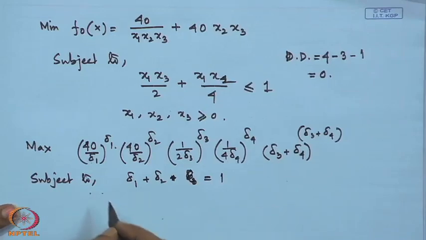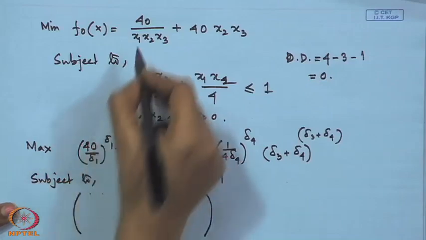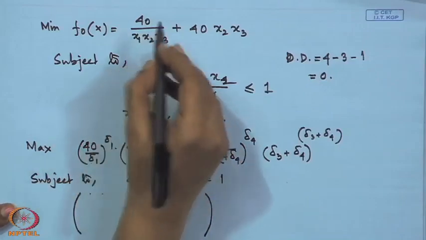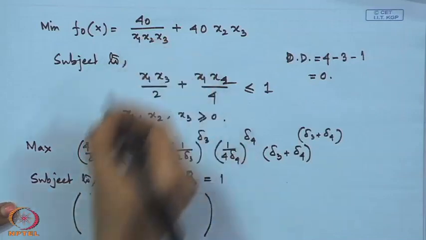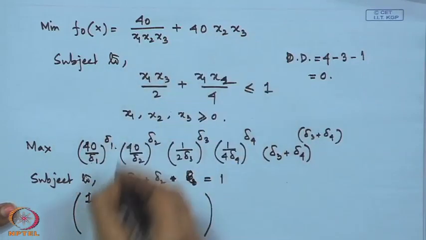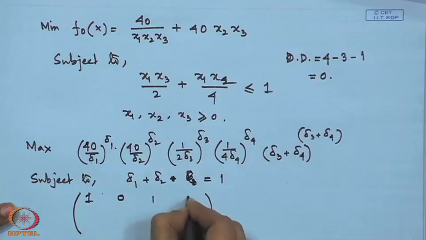And another constraint we have is the summation of aij delta j. How will we get aij? Let us form the matrix. Three variables are there, so let us see the power of x1 in each term. The power of x1 is 1, then 0, then 1, then 1.